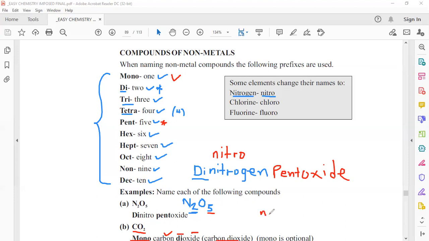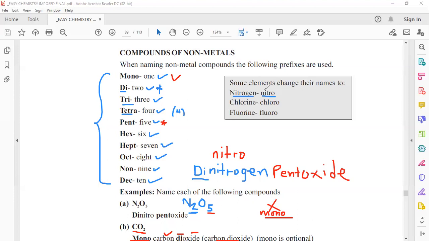A mono is not necessary, so this one is excluded and it becomes carbon dioxide. But initially it's supposed to be called monocarbon dioxide.